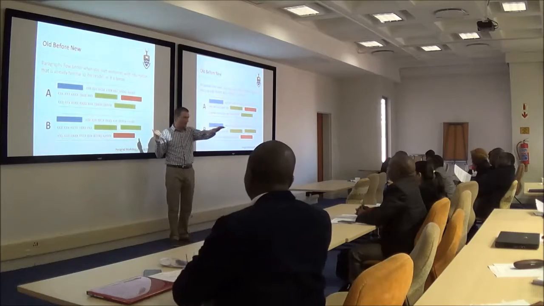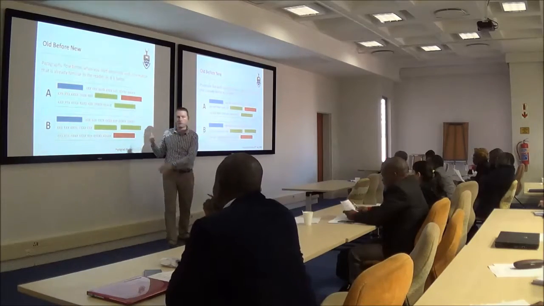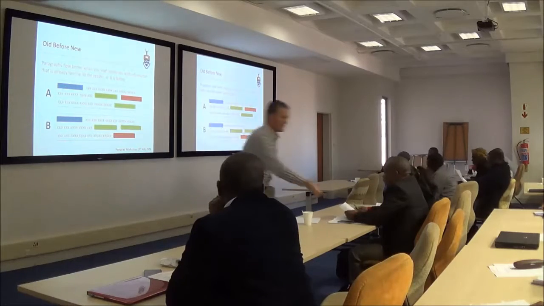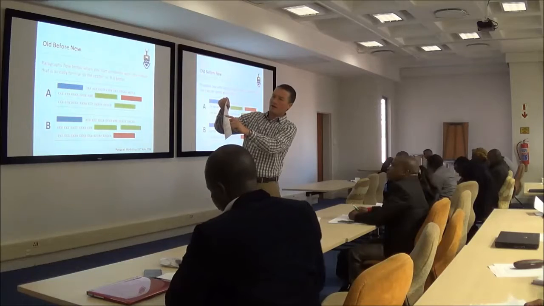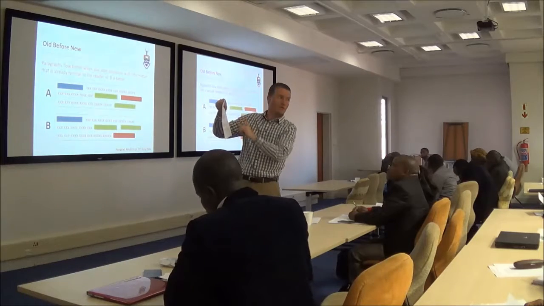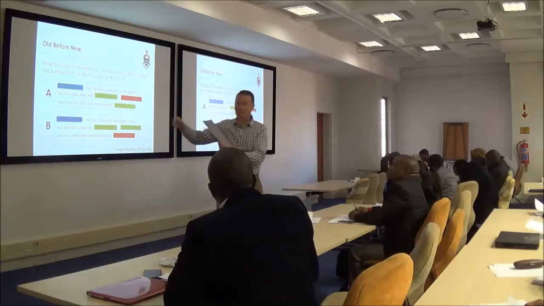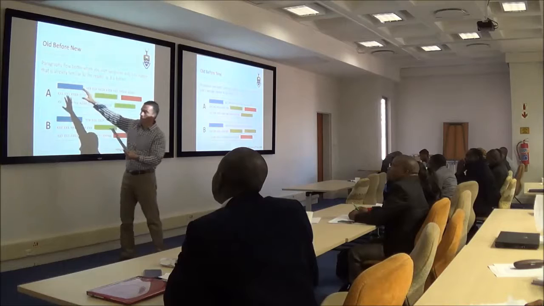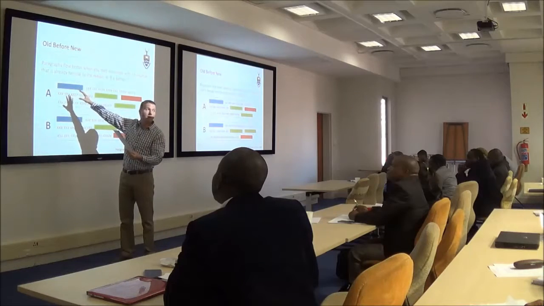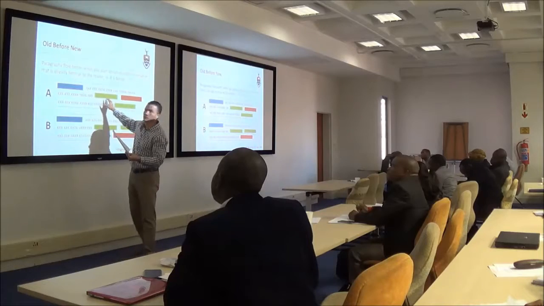Is everyone clear? Any thoughts on this? Makes sense? Okay. So, guys, in this first paragraph, there are 2 paragraphs on the old before new. What I want you to do is exactly what I've done here. Underline the first main concept of the first sentence, and then the main concept that it ends on.